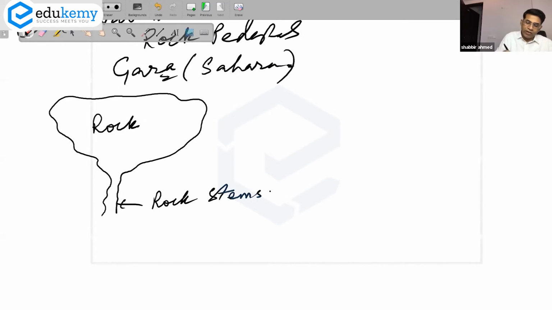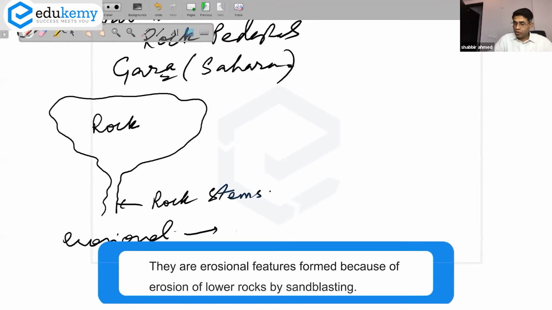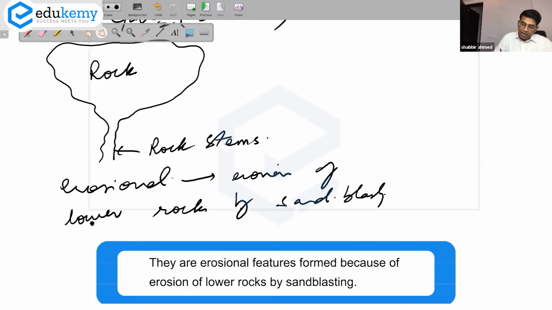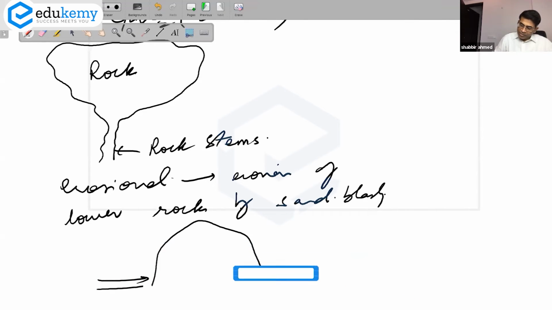They are erosional features formed because of erosion of the lower rocks by sand blasting. So this probably was a much bigger rock, but because of sand blasting here, the sand striking here, saltation, over time this gets eroded, this gets eroded.